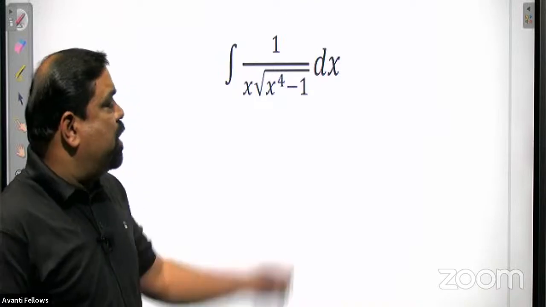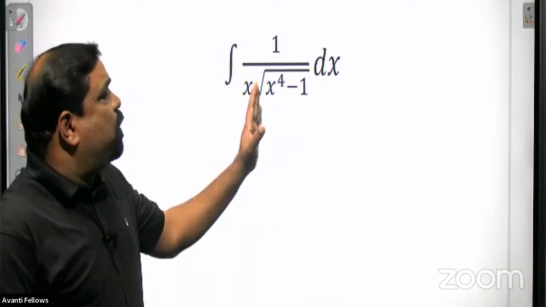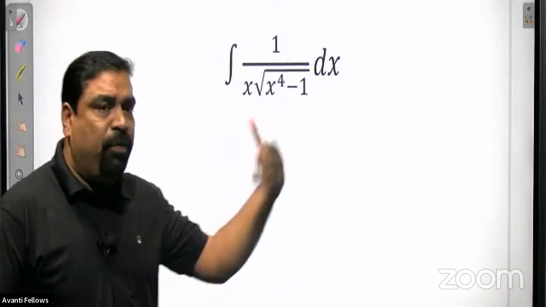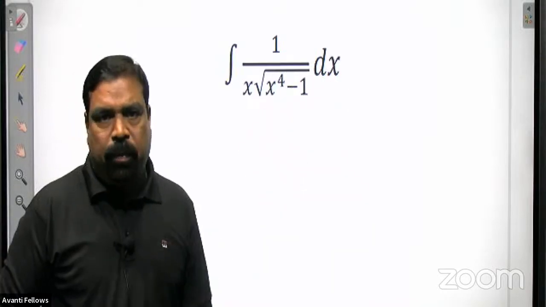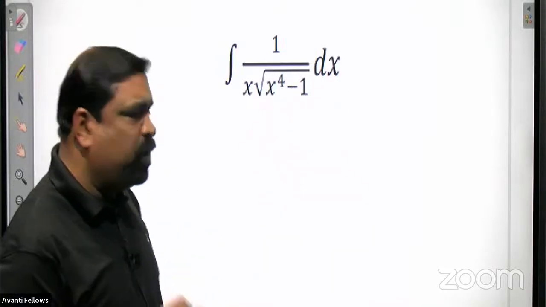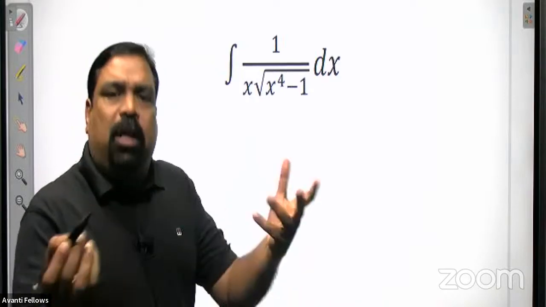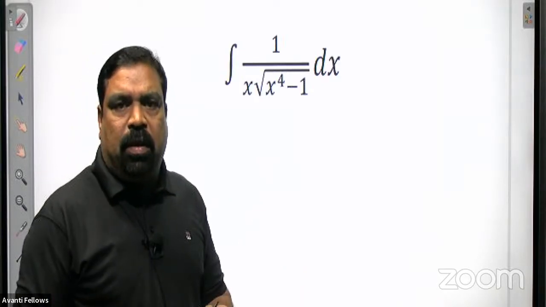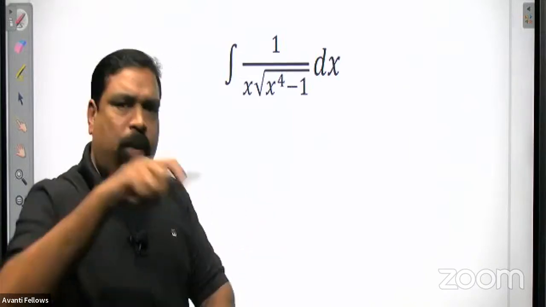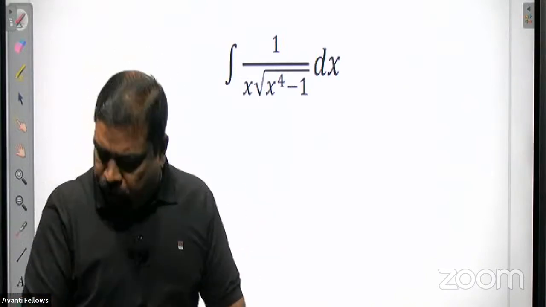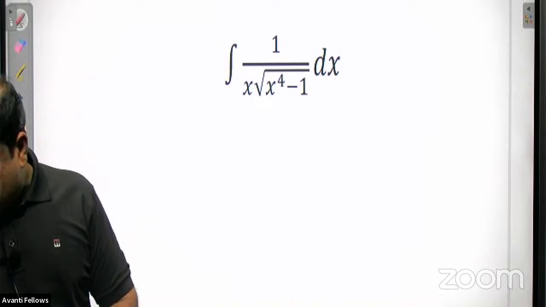Inside the root you can see x power 4 minus 1. If I substitute x power 4 as t, what happens? The derivative must be 4x cube dx.